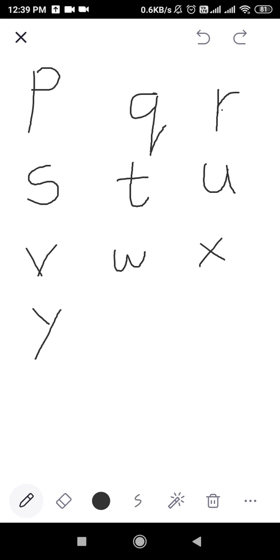Then the last one is letter Z. In the same manner you will draw as you draw the capital one, but this one is smaller. Okay, do two sleeping lines and one cross line. Z for zebra, Z for zoo, etc. Okay, so here we have completed P, Q, R, S, T, U, V, W, X, Y, Z. Understood properly? Small letters from A to Z.